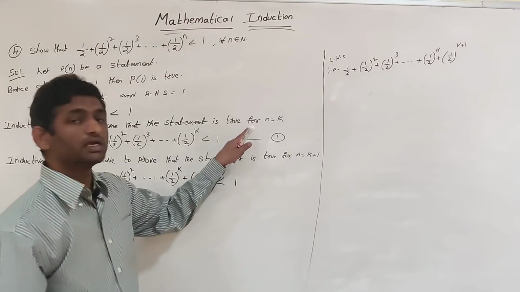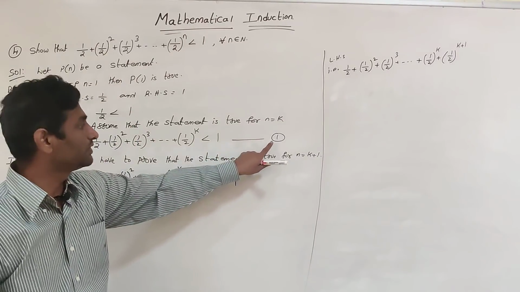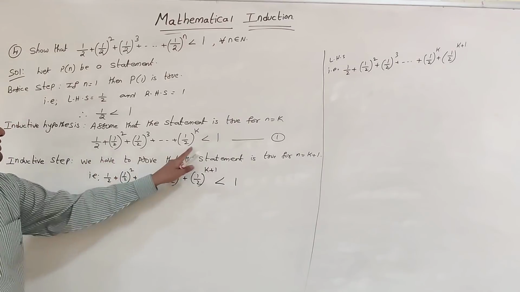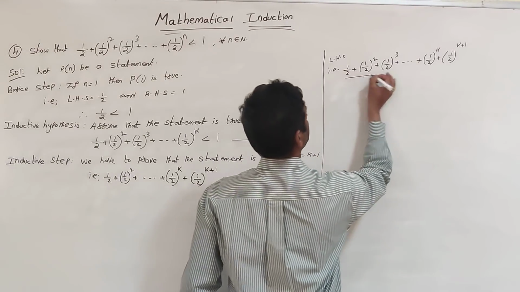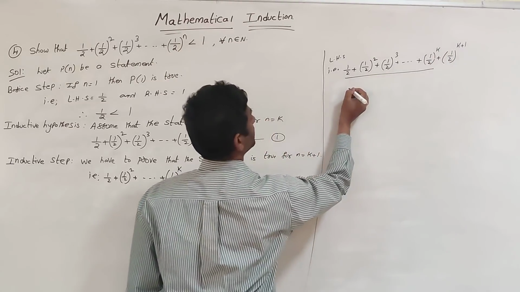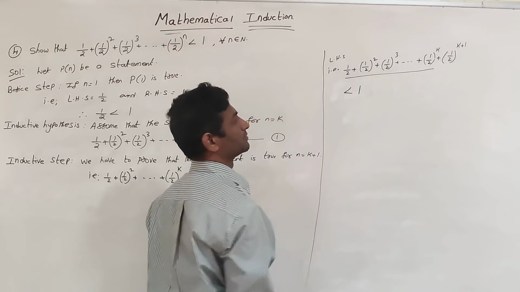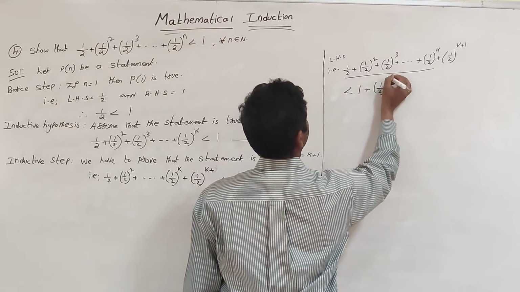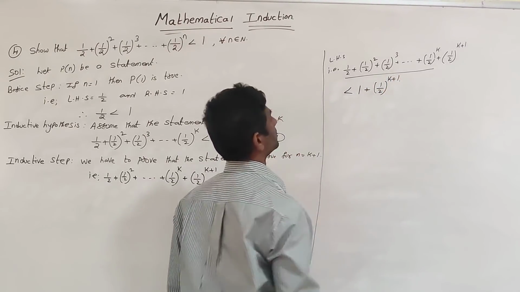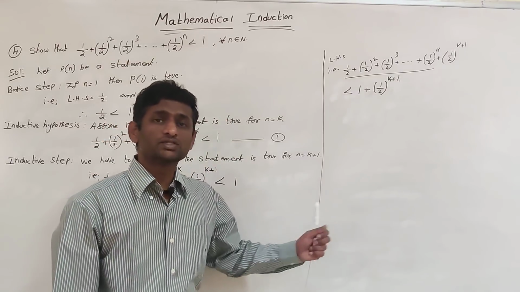But by using the inductive hypothesis, that is equation 1, the value of this LHS is always less than 1. Means up to here, 1 by 2 whole to the power of k, it is always less than 1. And there is one more, 1 by 2 whole to the power of k plus 1, where k is a natural number.